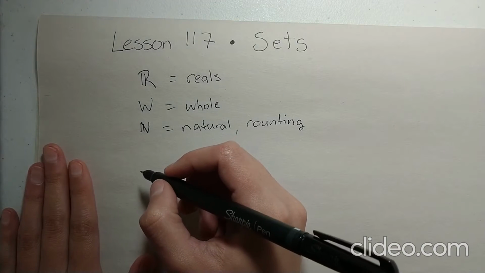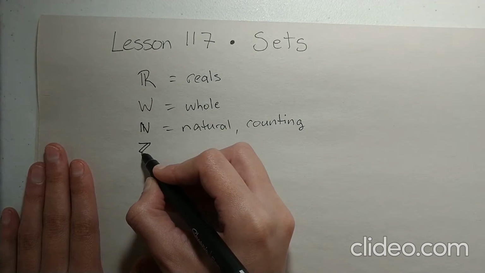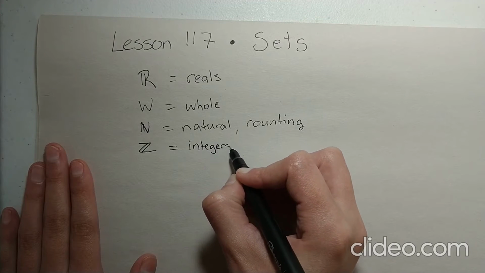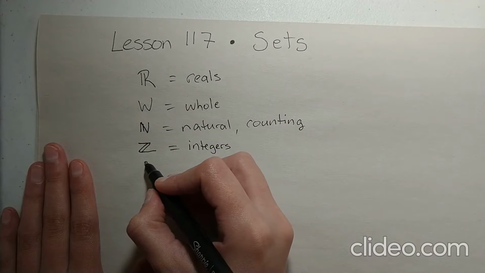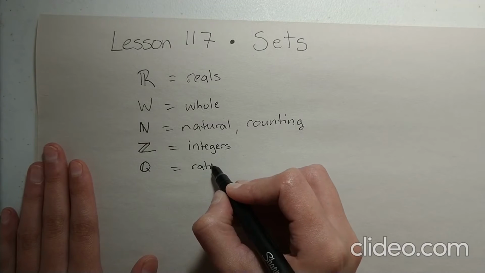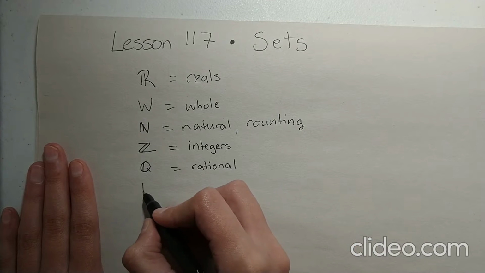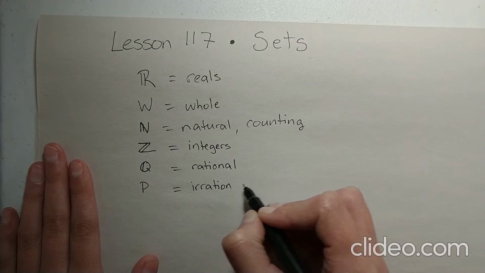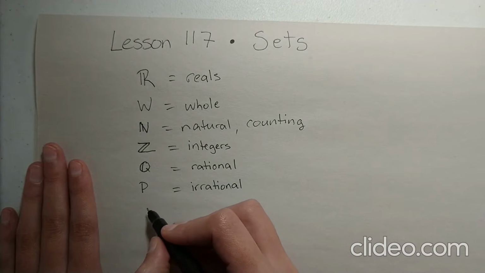We're going to use a Z for integers, Q for rational numbers, a P for irrational numbers, and a C for complex numbers.